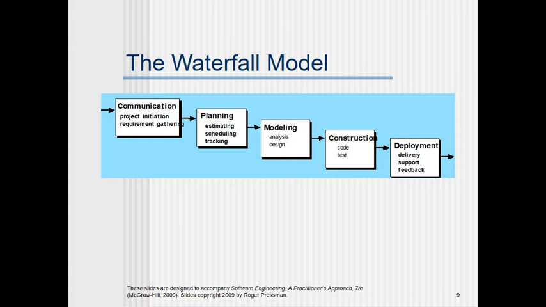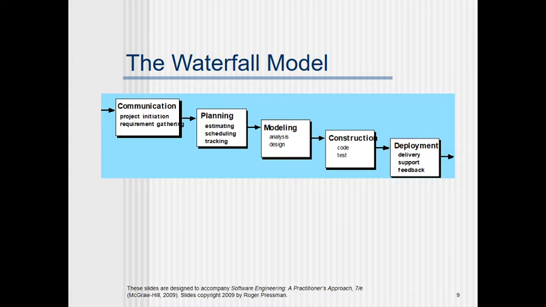The waterfall model is used when all the requirements, that means the gathering of requirements, are well understood in advance. In the waterfall model, from communication to the deployment, that means communication, then planning, then modeling, then construction, and finally the deployment, the steps are in a linear fashion, one after another, and used if there is a well-defined adoption.